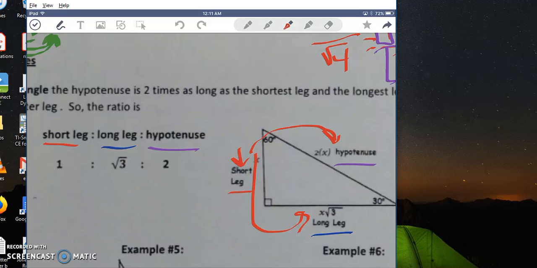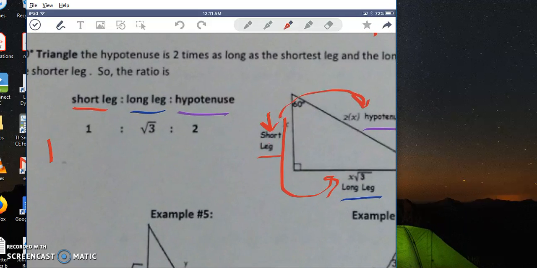Okay, so basically, if we have the short leg, we multiply the short leg times 2 to get to the hypotenuse. Okay, so hypotenuse is equal to short leg, or SL, times 2.